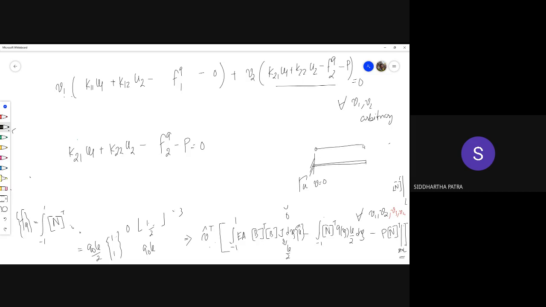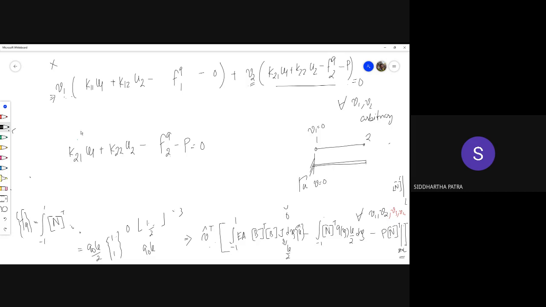If you map the entire geometry with a single bar element, then V1 equals 0, and that you cannot change. So V1 is not arbitrary. Which means whatever we could say about the coefficient of V2, because V2 was arbitrary, for V1 we cannot say. If you substitute V1 equals 0, this entire term is not there. So all you have is this term, of which V2 is arbitrary, which means whatever is multiplying V2 is 0.